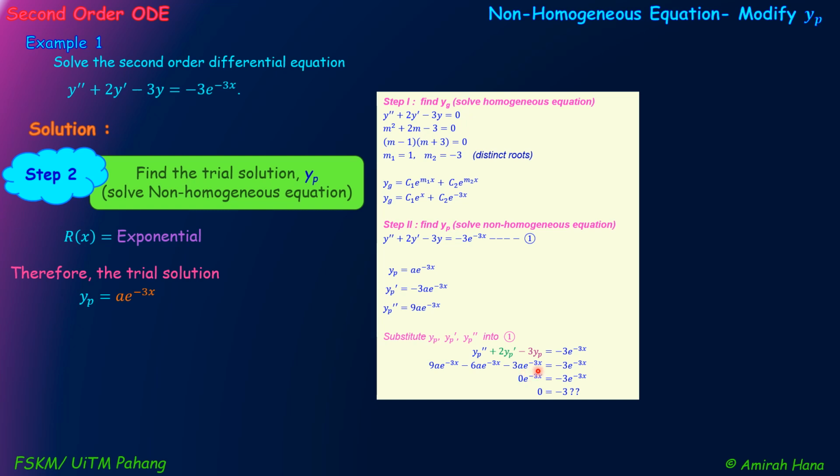After we simplify the left hand side, we got 9a minus 6a minus 3a, which is equals to 0 times e to the power of negative 3x. And we equate to the right hand side equals to negative 3e to the power of negative 3x. Now both sides have a term containing e to the power of negative 3x, which means 0 equals to negative 3.